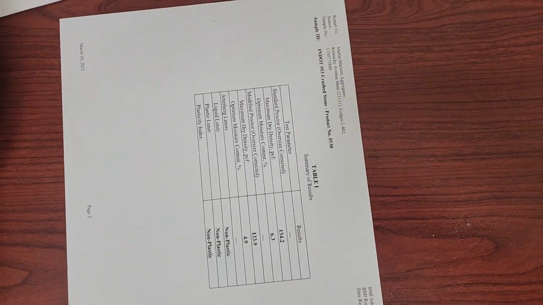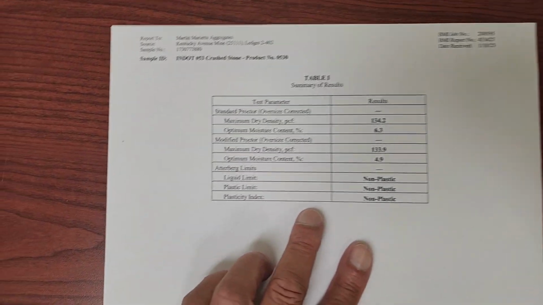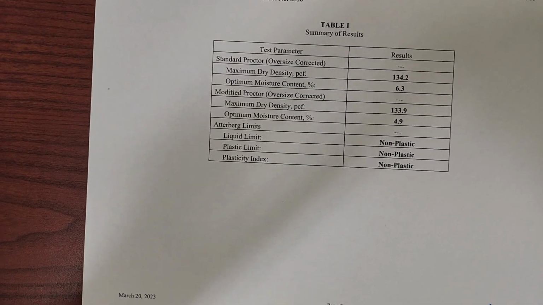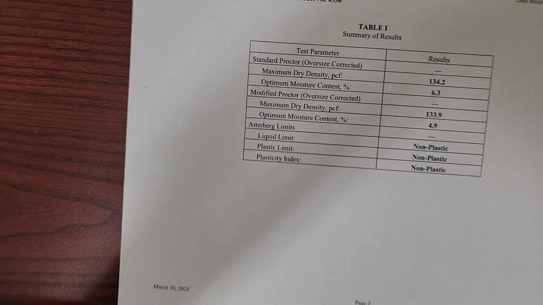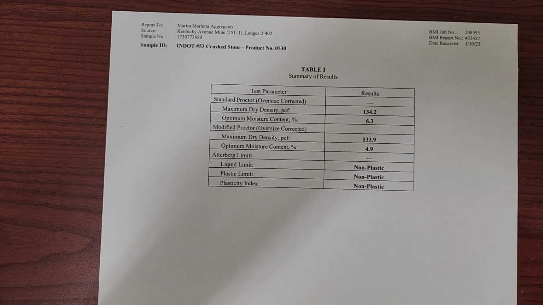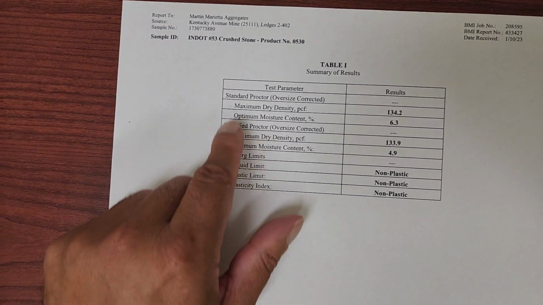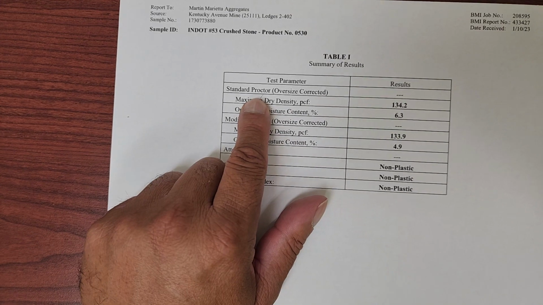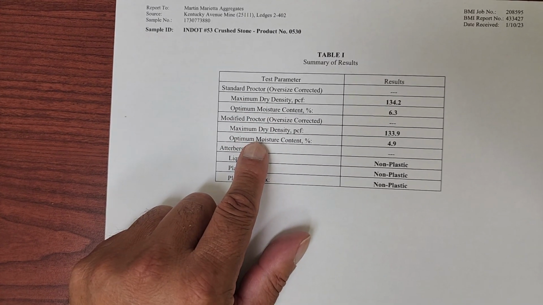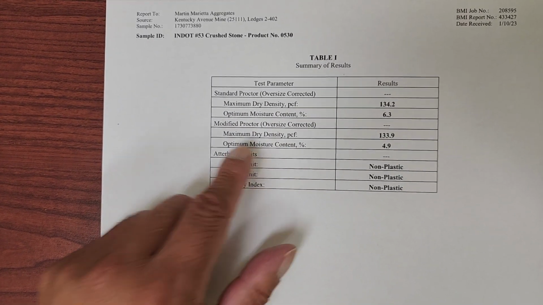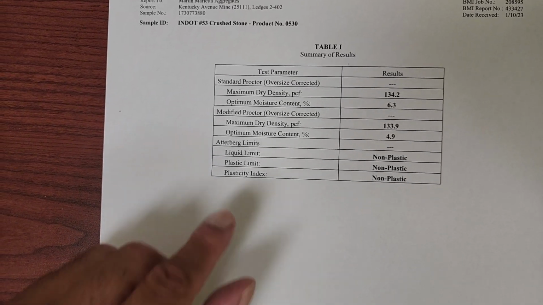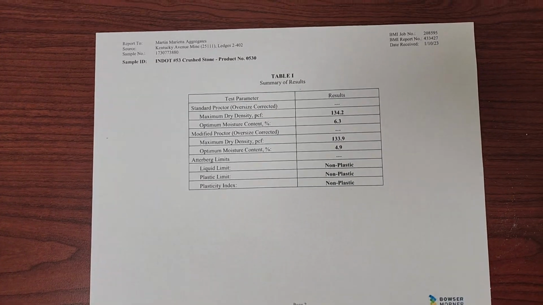So, what I have here are the results. Now, this is the summary results. Now, what did they do? Well, they ran a standard Proctor and a modified Proctor. And also they ran what they call Atterberg limits.